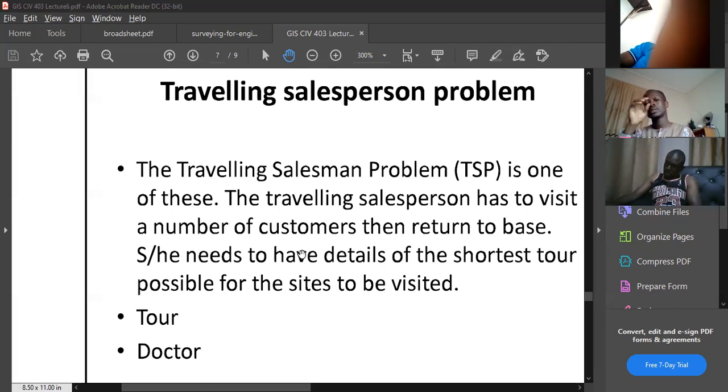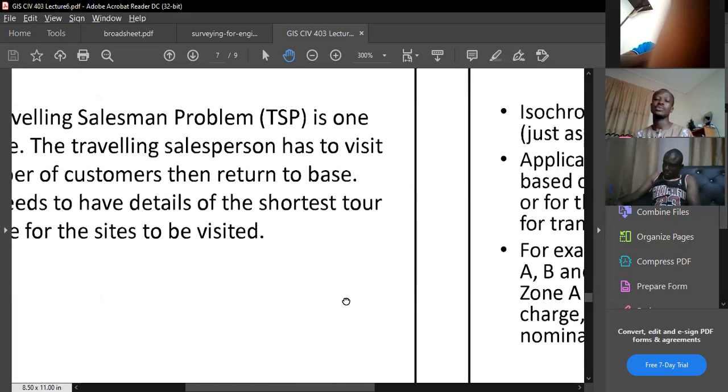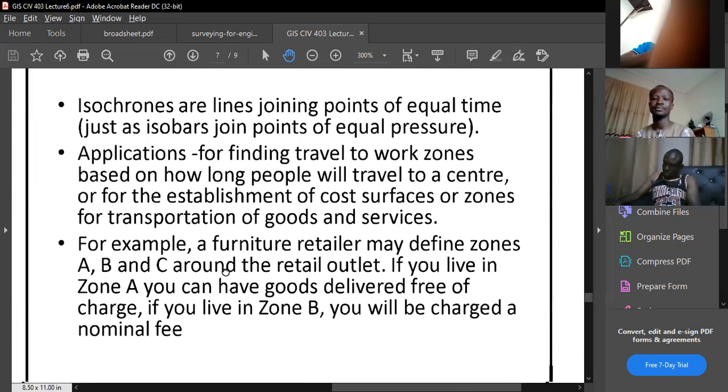So this is the traveling salesman's problem. If they don't work their routes very well, they will end up buying new shoes every time. I'm talking about the man that goes from door to door selling clothes. You realize that they have to pick the shortest route. So that came in an exam.